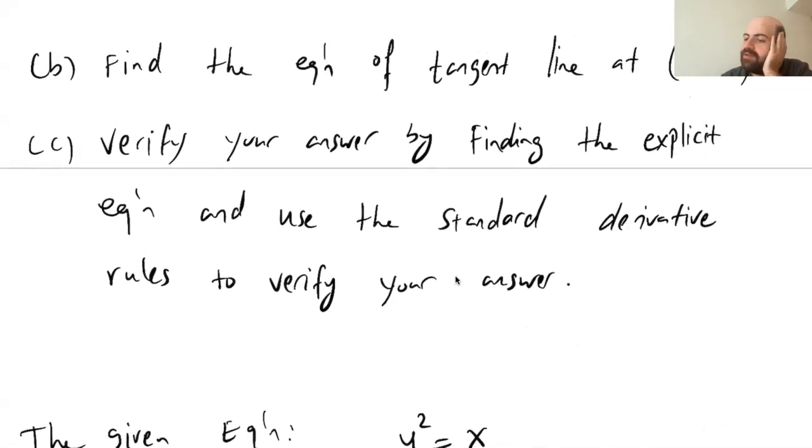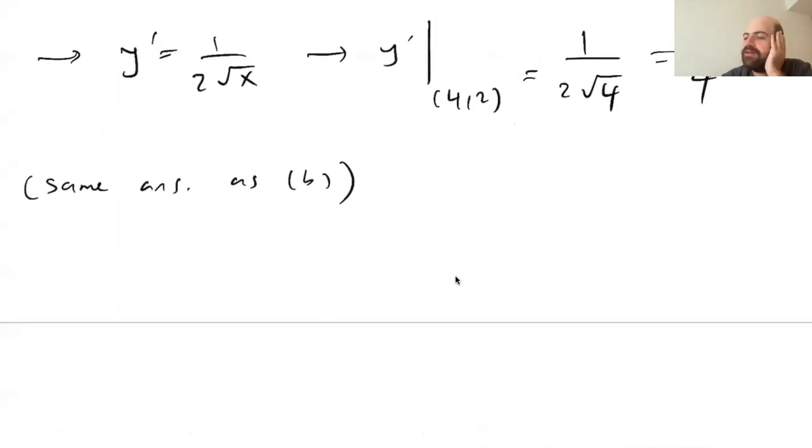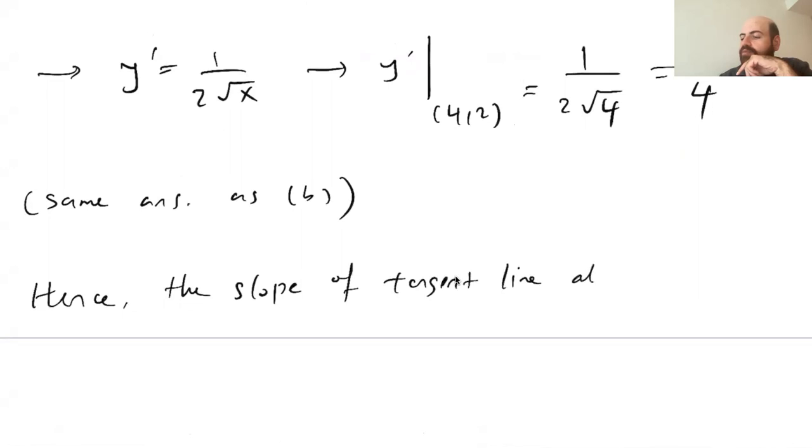And we also needed to find the equation of the tangent line. We found the slope, but we also need the equation. Hence, the slope of the tangent line at the point (4, 2) is m equals 1 over 4.